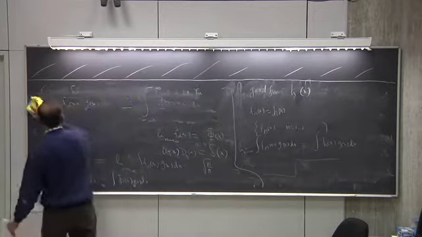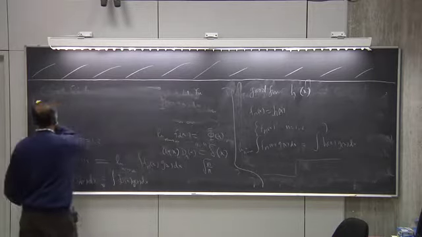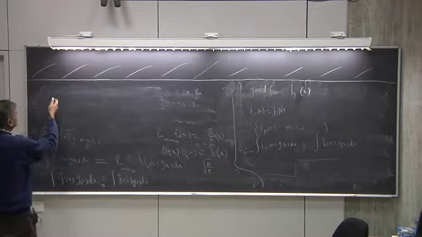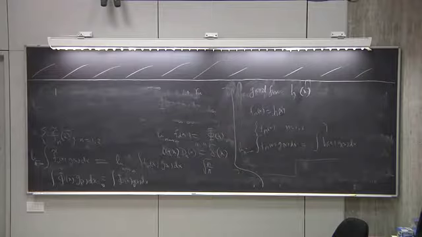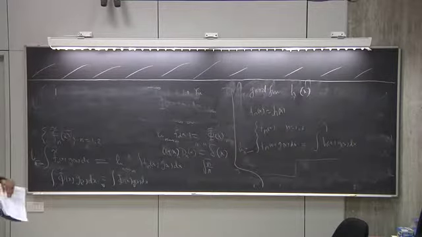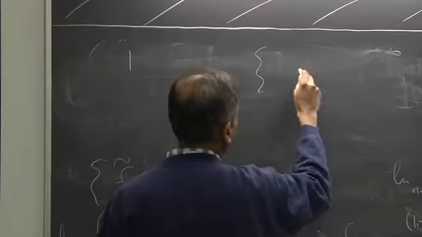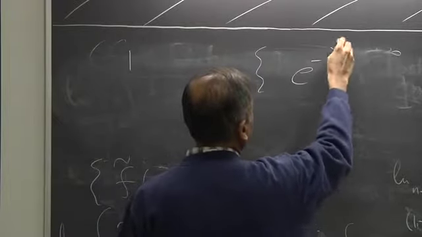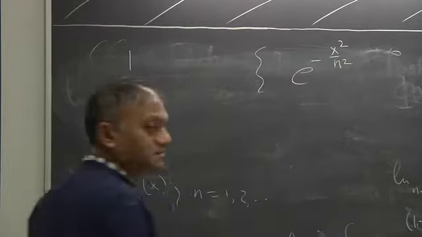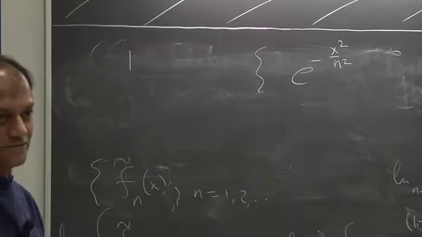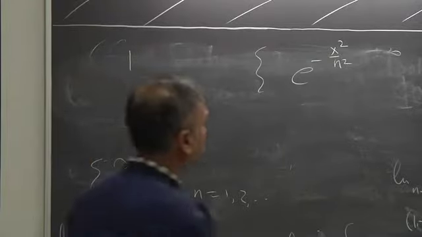Another example: 1 is a constant function. It's infinitely differentiable, but it doesn't go to 0 at infinity. But this can again be thought of as a generalized function. Take a sequence like e to the minus x square over n square, as n goes to infinity.